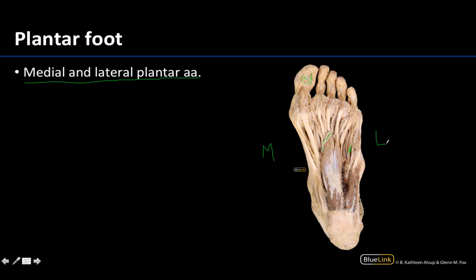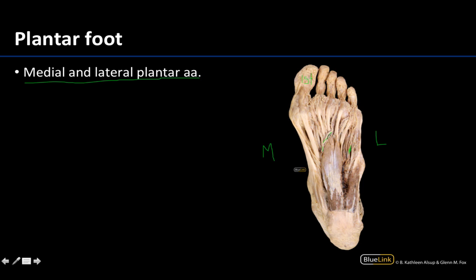This will be lateral. So little things like that will help in terms of understanding, if I see an artery here and I see an artery here, which one's medial? Well, it's going to be this one, and this one will be more lateral. The medial plantar artery is usually the smaller of the two in terms of diameter. I would say on this particular donor, the medial plantar artery is a little bit on the larger side than what you typically see.